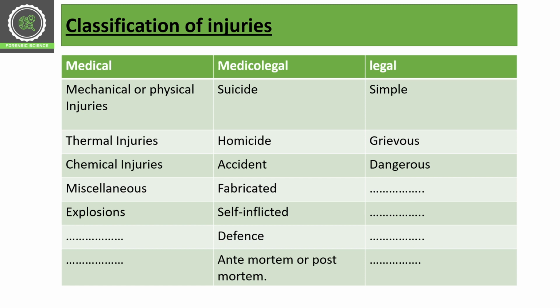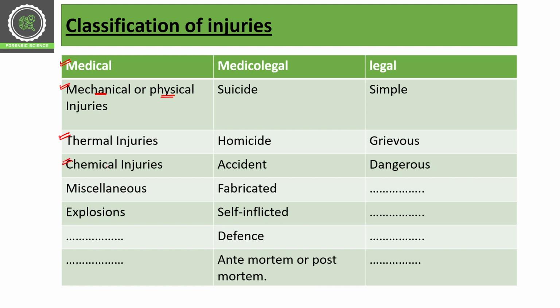Okay, first we have medical. So we have mechanical injury or physical injuries. That's what I was saying, that mechanical or physical injury is included in most of the physical violence cases. Then we have thermal injury. As the name suggests, if someone is getting injured from, let's say, hot water or iron, that will be thermal injury.